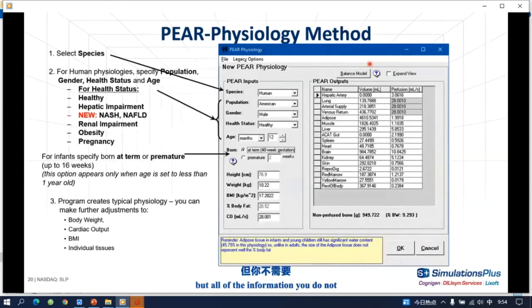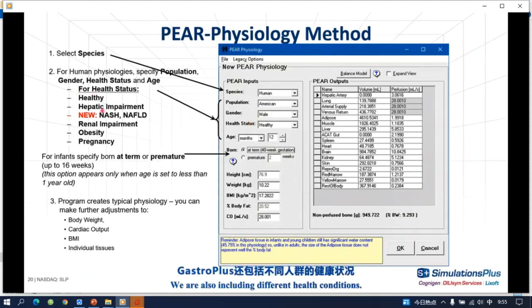But all of that information you do not need to generate or collect yourself, because the algorithms in the PBPK modeling software like GastroPlus ask you only for the specification of what physiology you want to do. Do you want to create physiology in human? For populations, you want to sample from American, Japanese, or Chinese population, male or female physiology.